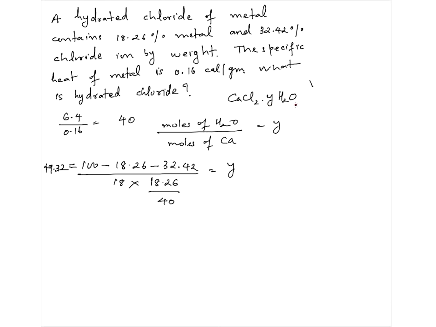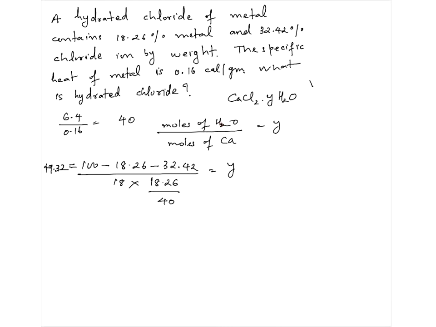Ratio of moles of water to moles of calcium. Calcium has got 1 here, water has got Y here. So Y is moles of water divided by moles of calcium. We know that mass of water is 49.32 grams if we take 100 grams of the sample.